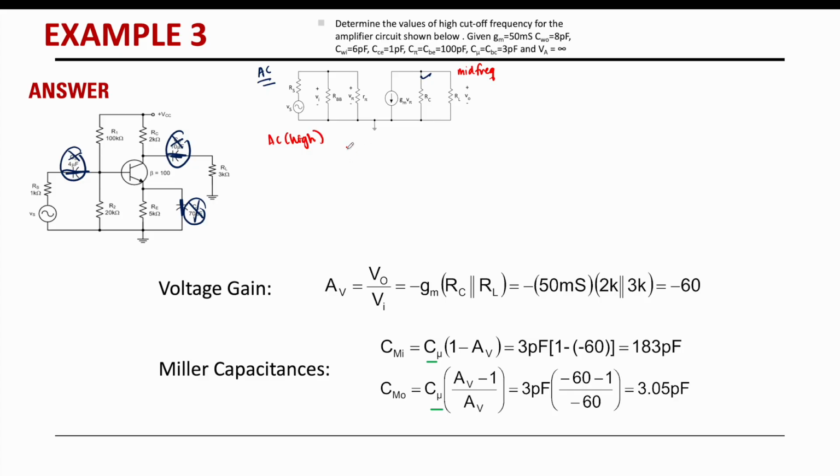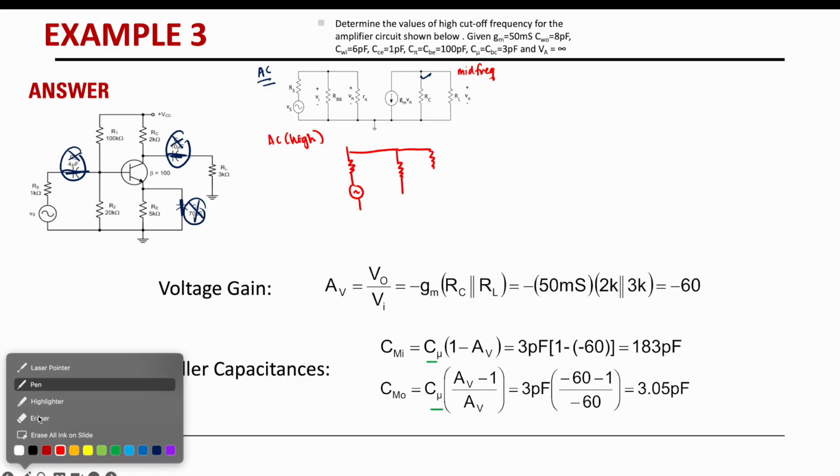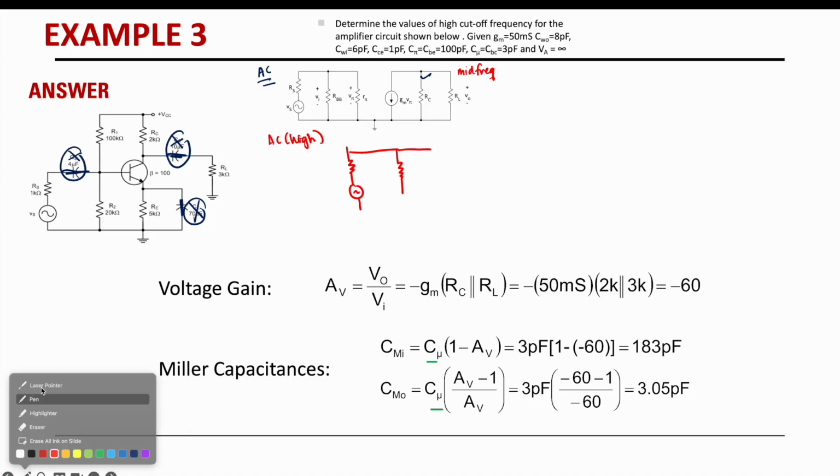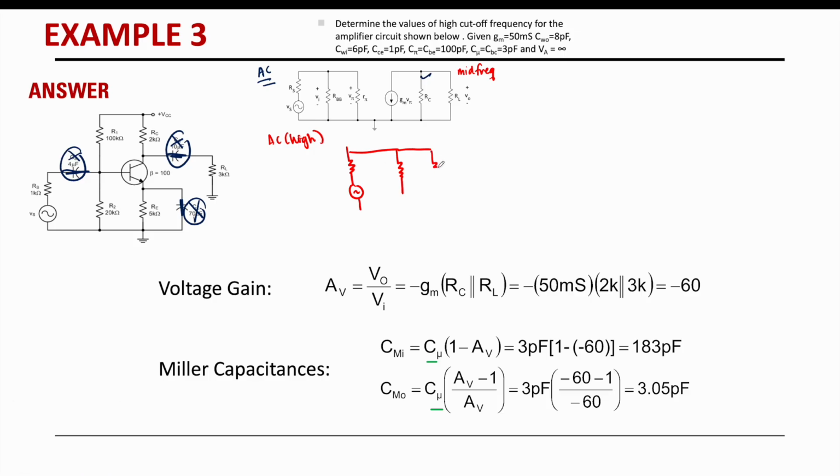Your circuit will then become RS, VS. We have RBB, and then we have R pi. RBB is R1 parallel with R2.